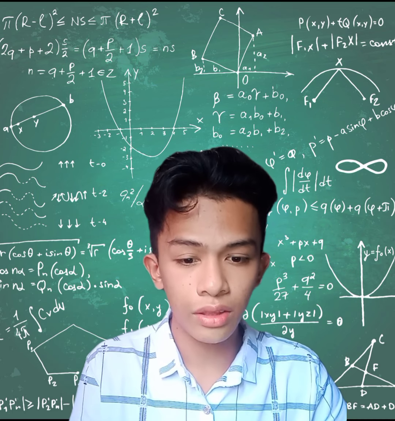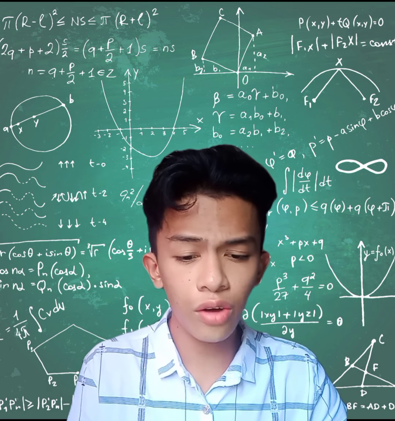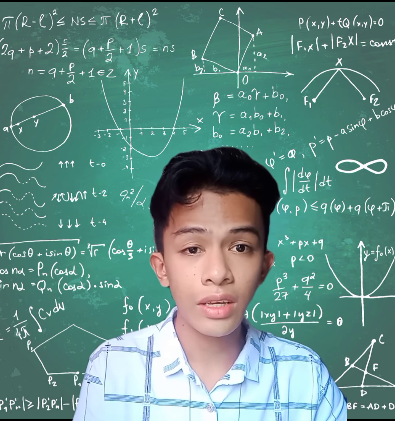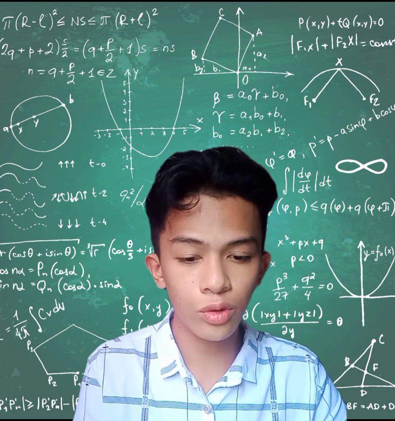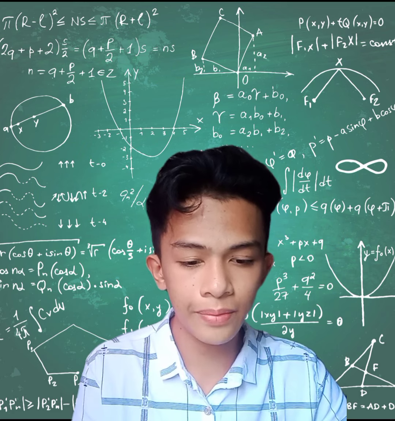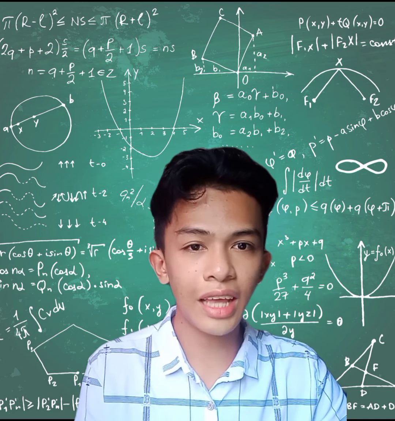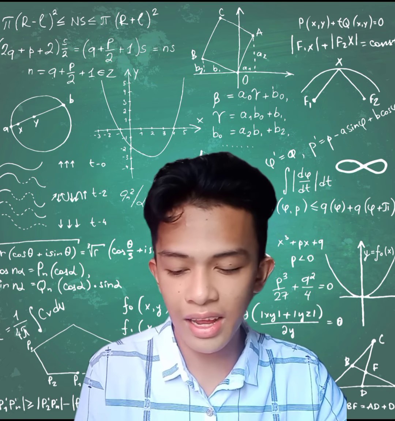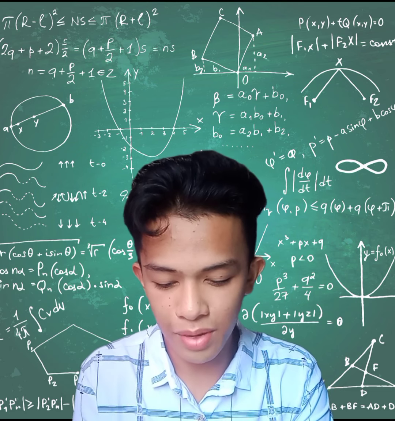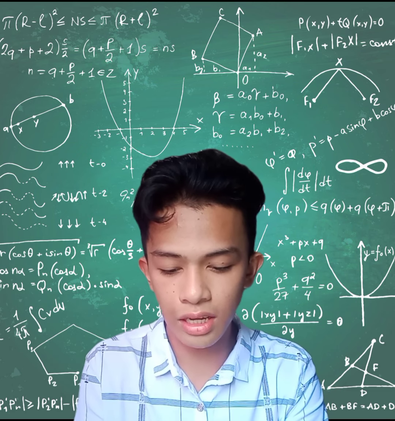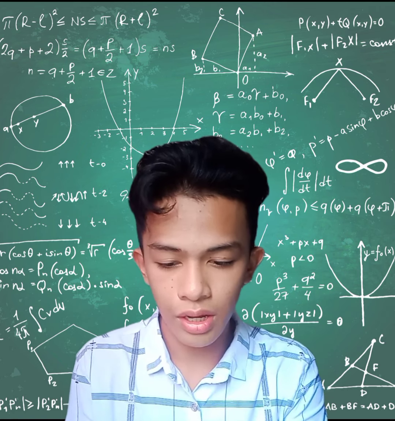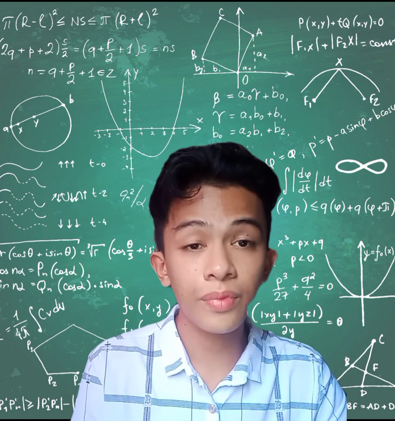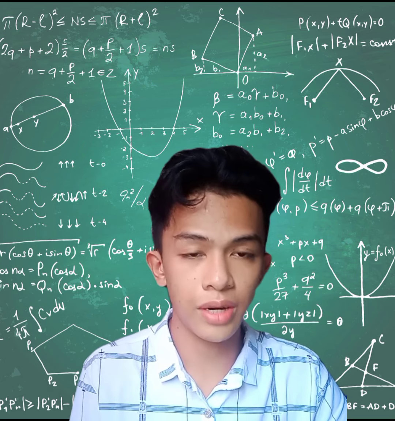Okay, now for y bar, the y element is given by the integral of y dl over the integral of dl, which is y times the square root of 4y squared plus 1 dy. We just substitute our dl there. Since it is already in y, we do not need to change it to any other variable. So we just plug it into our calculator. It is important, guys, to always bring a calculator. It is our armor for the war. So the answer is 0.574 meters.